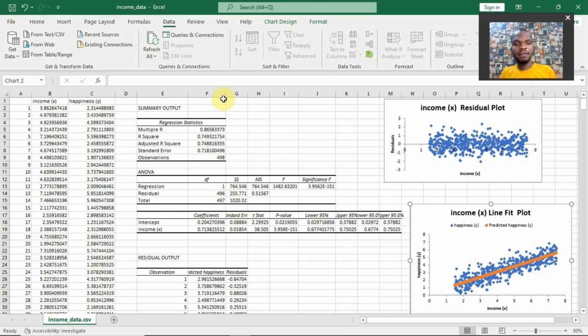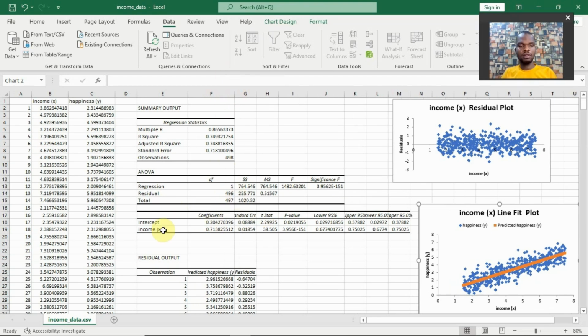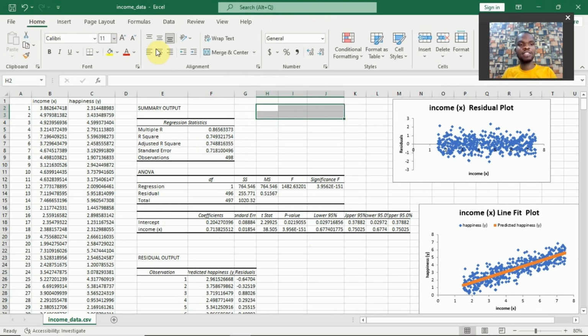Okay, we also have the main regression results, which are these two. Remember that the process of regression analysis tends to produce a formula of the form y equals ax plus b, where x is your independent variable and y is your dependent variable.